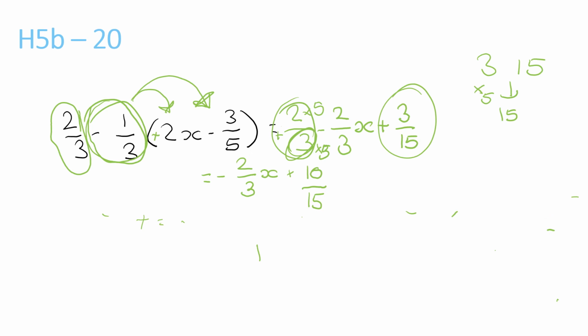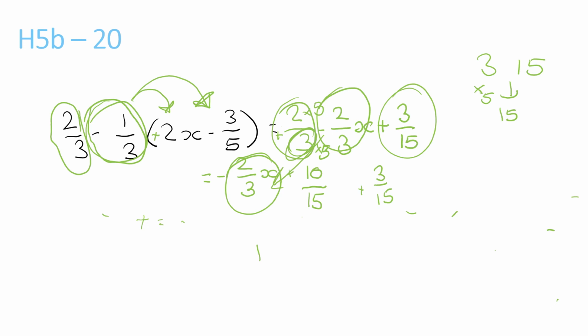Plus 10 over 15 with the x, plus 3 over 15. You don't put the x there actually. So with this one, I've just swapped that and that around. I just moved that to there just to make it less complicated.